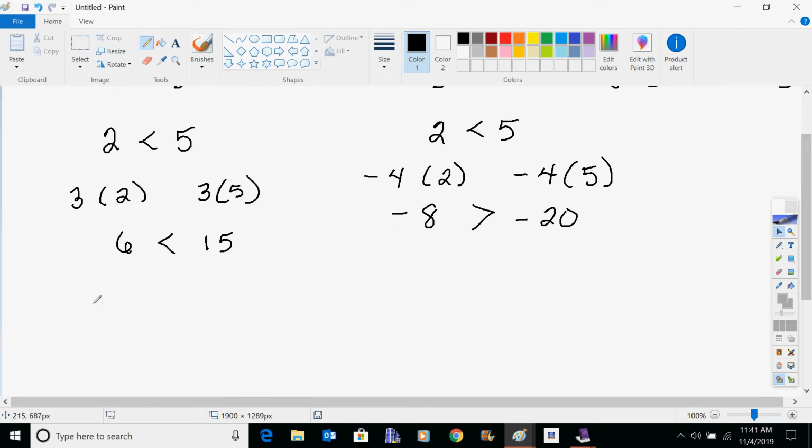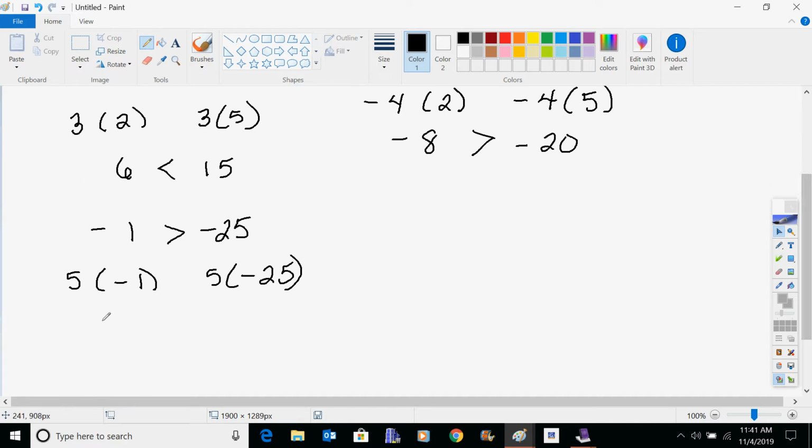So for example, if I take -1 is greater than -25, so that's a pretty obvious one. If I multiply both of these by a positive number, such as 5, I take 5 times -25, and I take 5 times -1. 5 times -1 is -5, and 5 times -25 is -125.